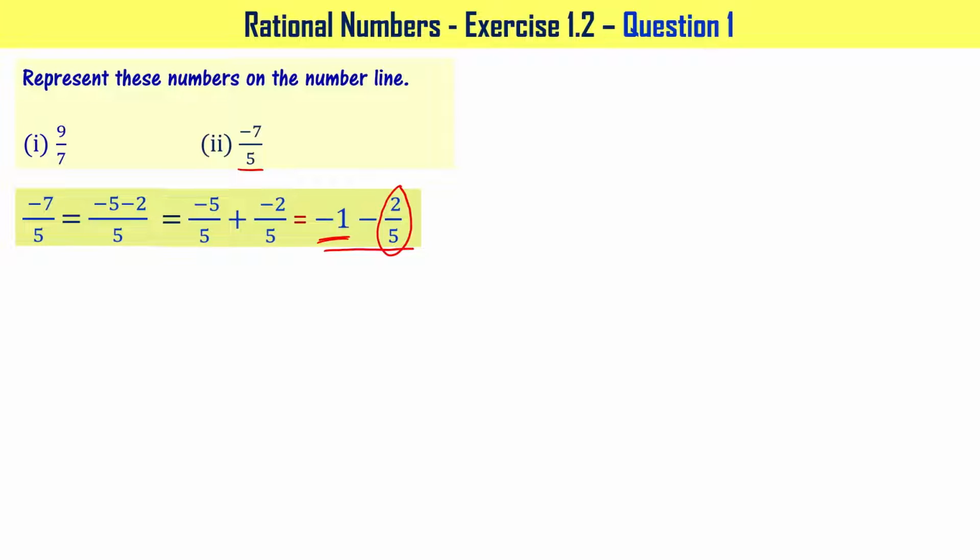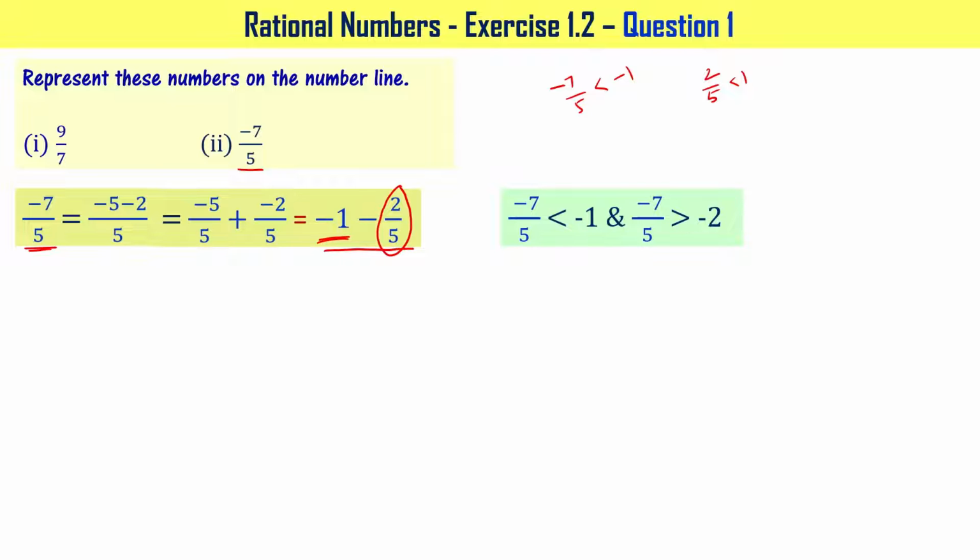It means minus 7 by 5 is a smaller value than minus 1. Can I say that? Minus 7 by 5 is smaller than minus 1, right? And at the same time, since 2 by 5 is smaller than 1, minus 7 by 5 is going to be greater than minus 2, right?